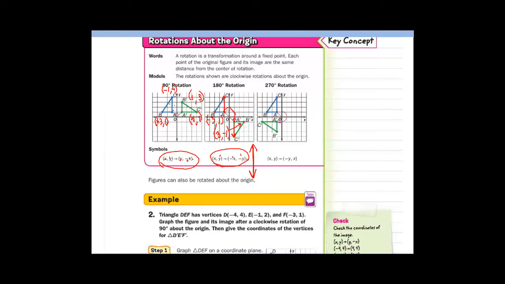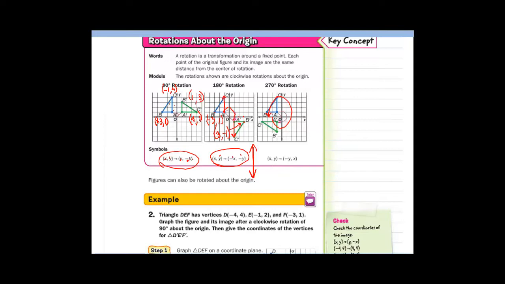Now, we talked about a 270 degree rotation, and I talked to you about it being 3 90-degree turns, right? But I also said it's like 1 90-degree turn counterclockwise. So think about that for just a minute. Whenever we did 1 90-degree turn clockwise, we changed positions and changed the sign of the x.